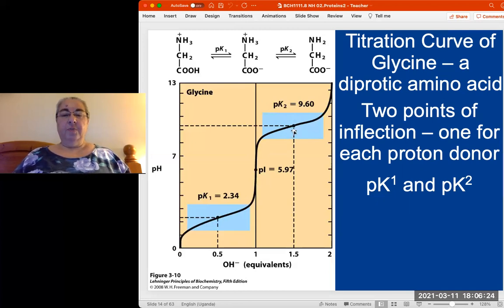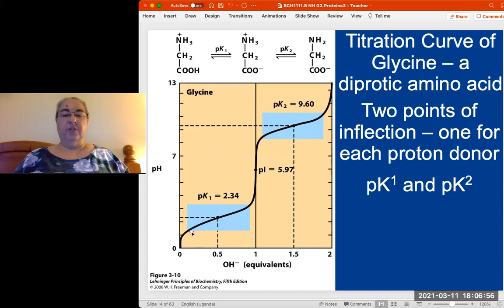And these 2 midpoints where the curve changes direction are called the pK. So there is a pK for each proton donor. So here, if we go back to this diagram, the carboxyl group loses its hydrogen ion, its proton, at pK1, okay, on average.